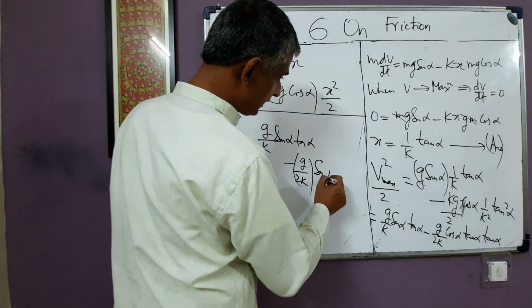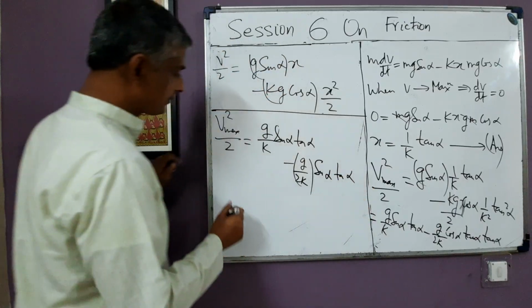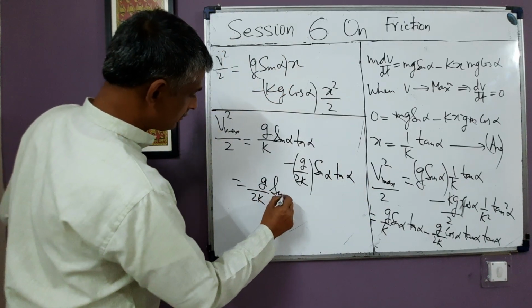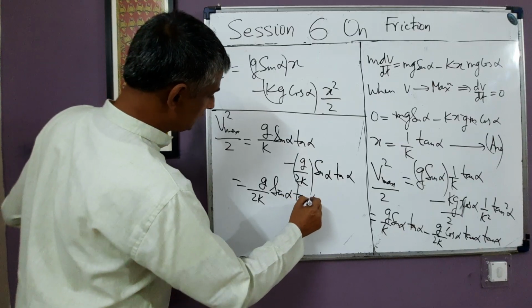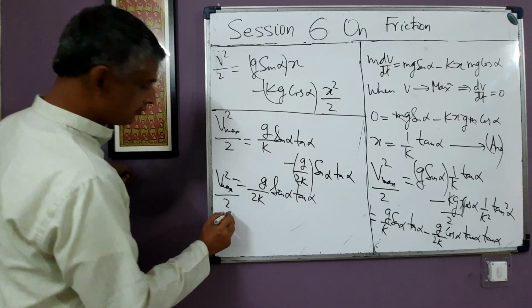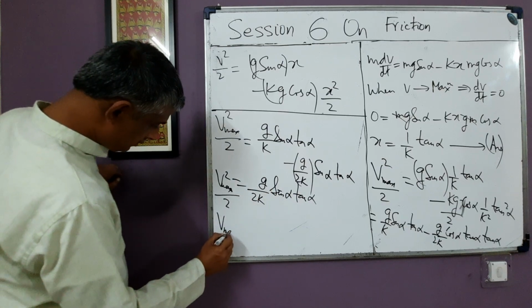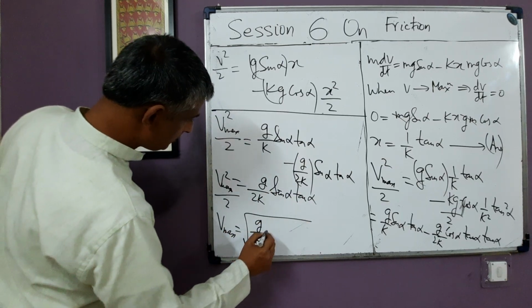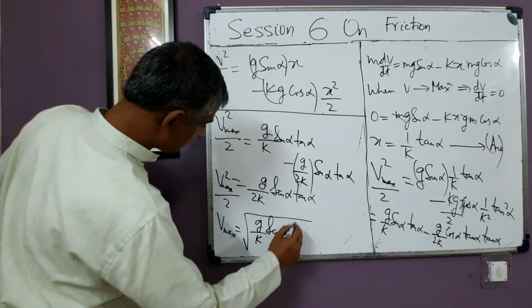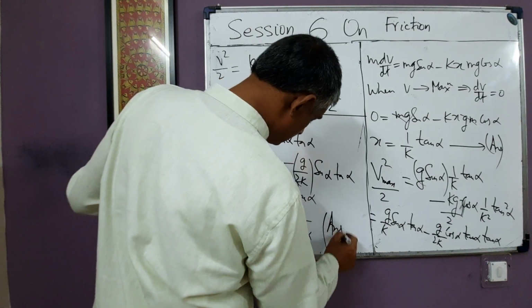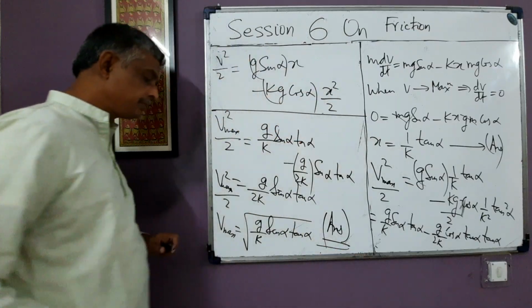So this becomes sin alpha into tan alpha, this becomes G by 2K into sin alpha into tan alpha. V max square by 2, 2 goes away. V max becomes root under G by K sin alpha into tan alpha, which is the answer to another part of the question.